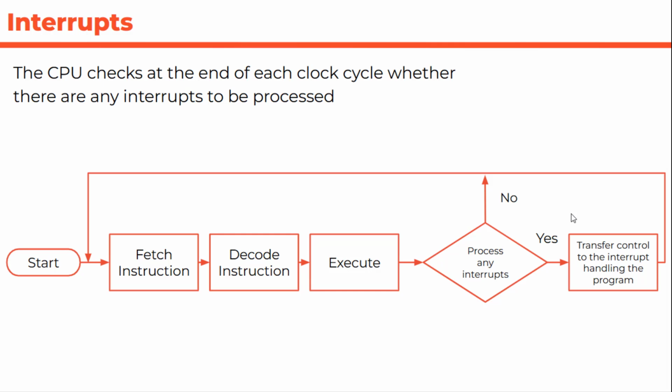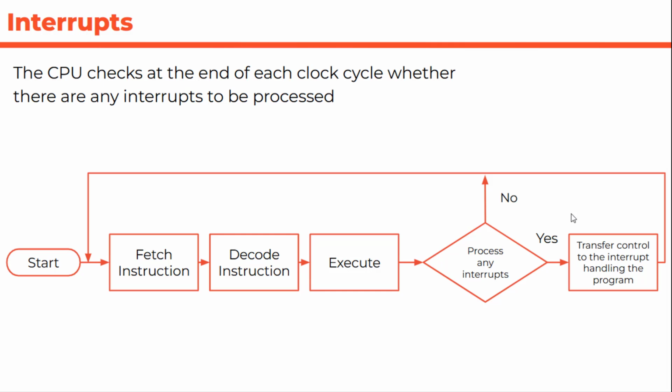Now, if those three processes, the fetch, decode, and execution phase, get cut short, we need a way of tracking where they were up to, because we will transfer off the current process, run the interrupt service routine and work out what the processor needs to do.